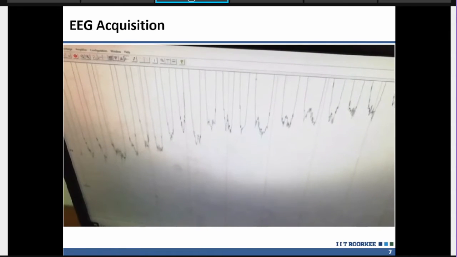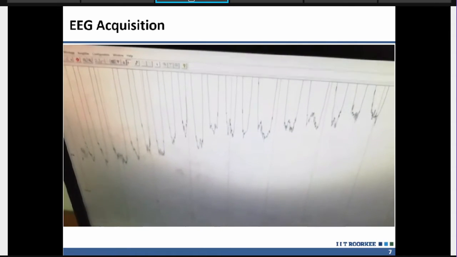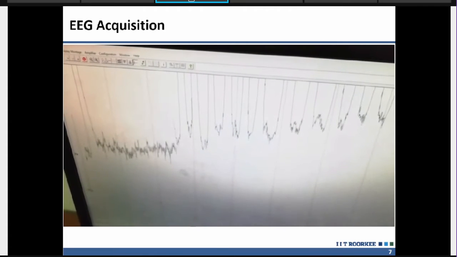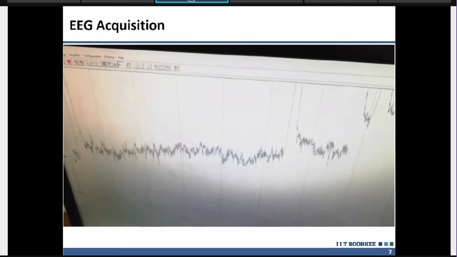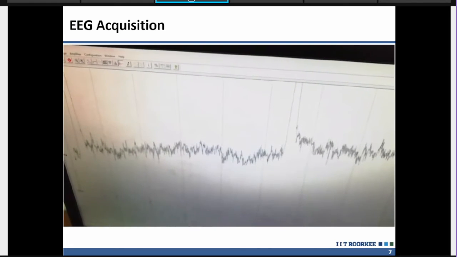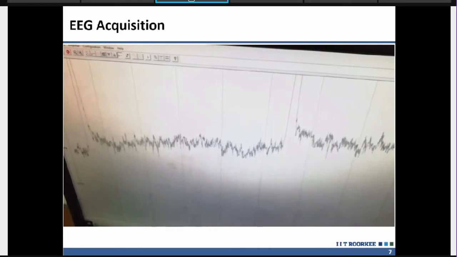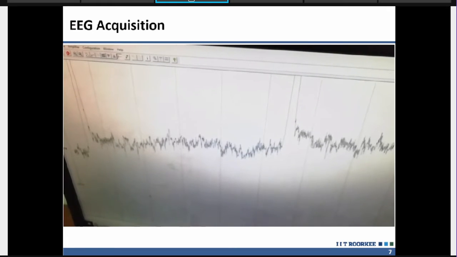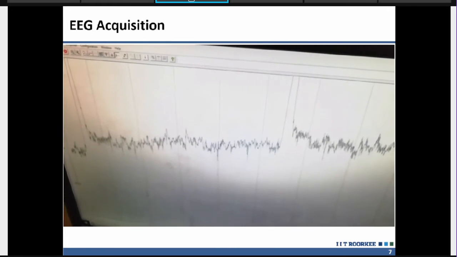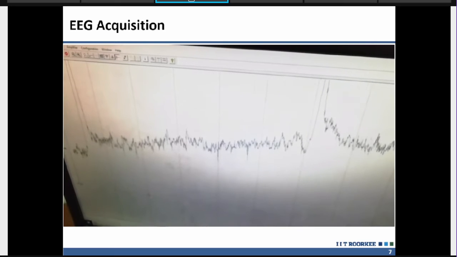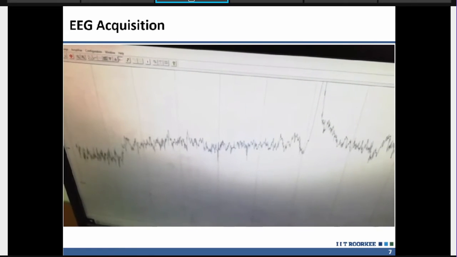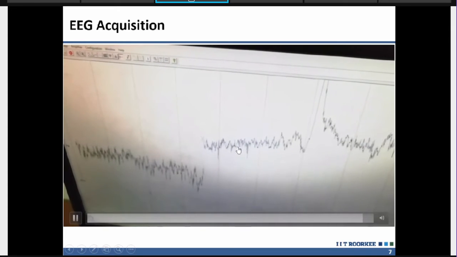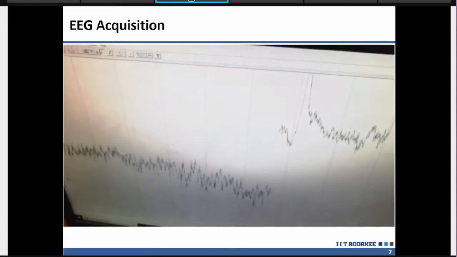The difference between this peak and valley is large compared to the signals when he is not blinking. Okay, so that's how this sensor captures those signals. You understand that for any activity we can have these kinds of signals. Now, from those signals, we can understand when he is blinking, when he is not blinking.